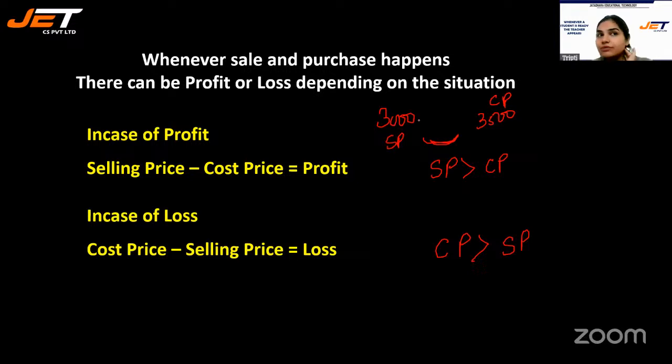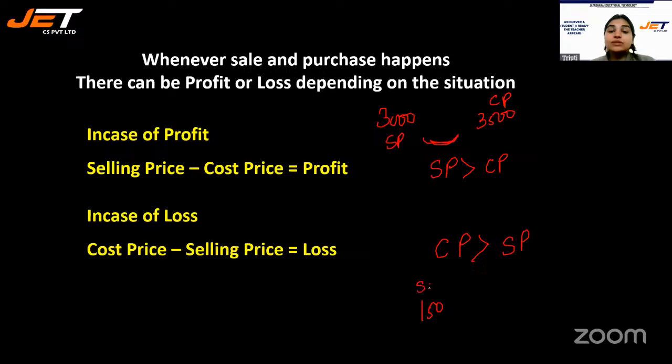Now, in case of loss, I'll tell you a situation for loss. A vegetable vendor bought fruits or vegetables from the market to resell it further. So from the market, he got it for, let's say, 150 rupees per kg.